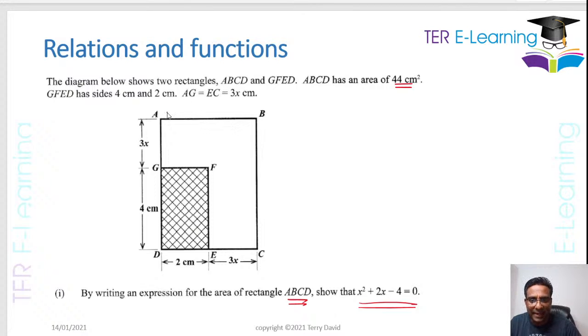So the length AB is actually 2 plus 3x. Hold on one second, guys.